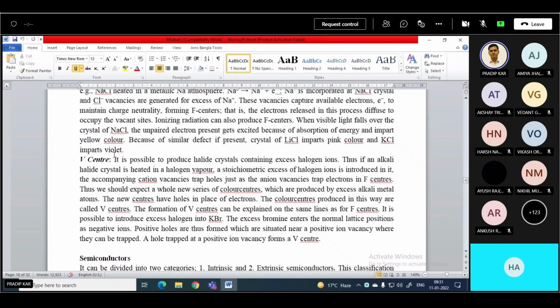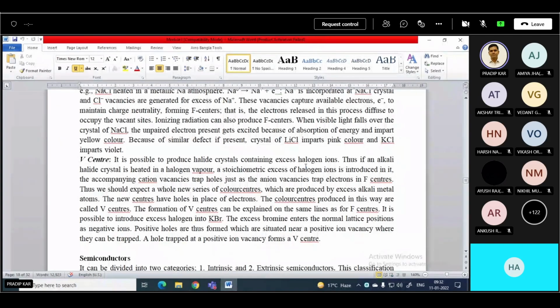Next is V-center. V-center is possible to produce in halide crystals containing excess halogen ions. So this is metal excess and this is halogen excess, then we call it a V-center. If an alkali halide crystal, like a sodium crystal, is heated in halogen vapor, anion excess is created.